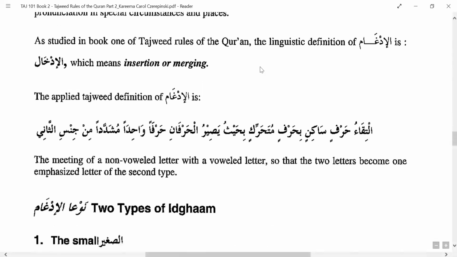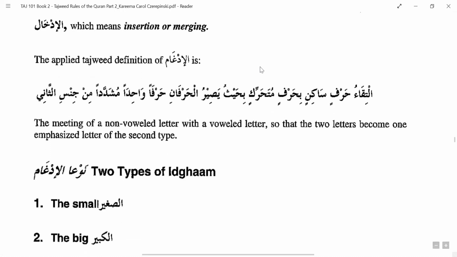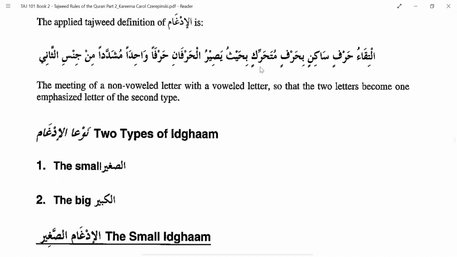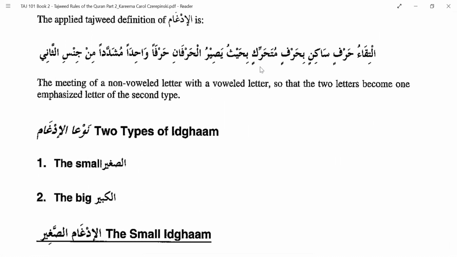Now, linguistically, the definition of idgham means what? Inserting something into something, insertion or merging. Idkhal is from dakhala, to enter. So the applied definition for us is: اتقاء حرف ساكن بحرف متحرك بحيث يصير الحرفان حرفا واحدا مشددا من جنس الثاني.